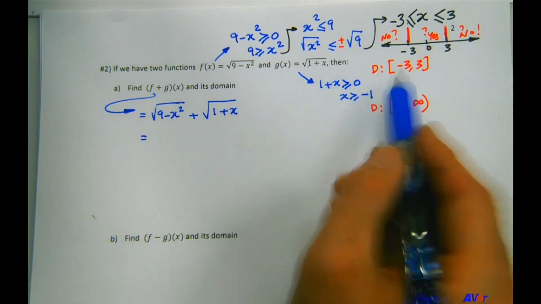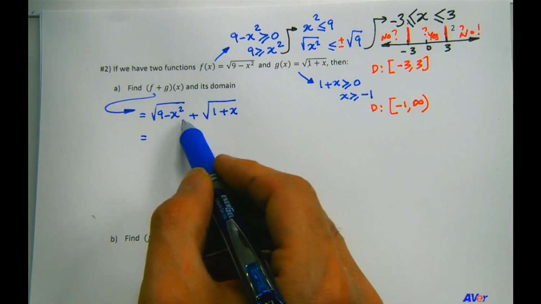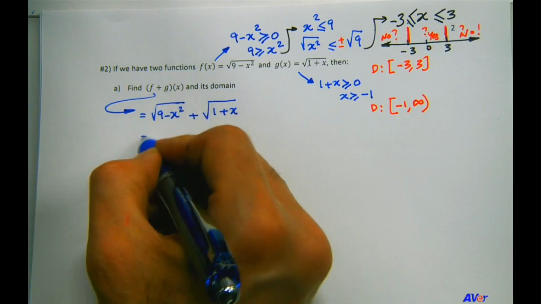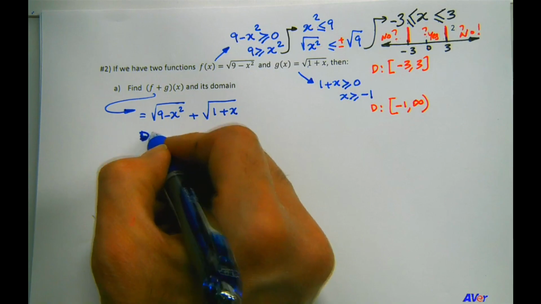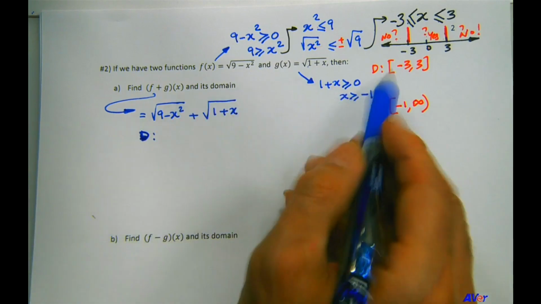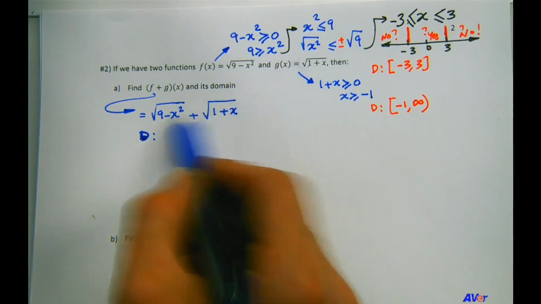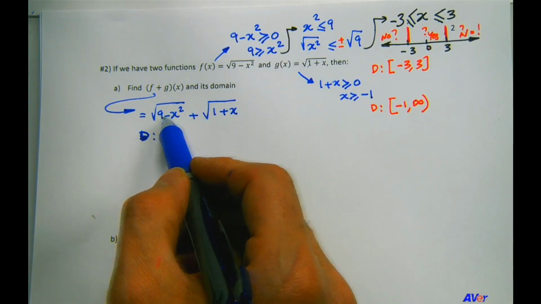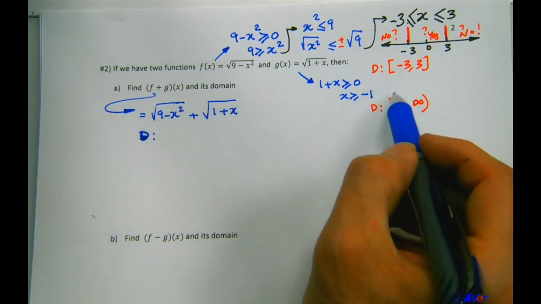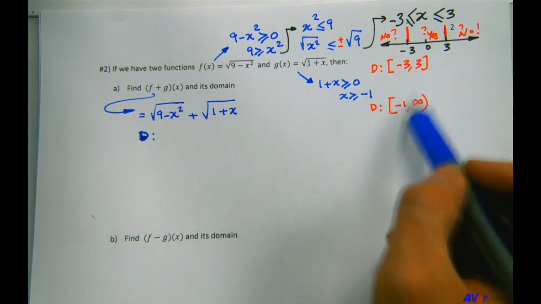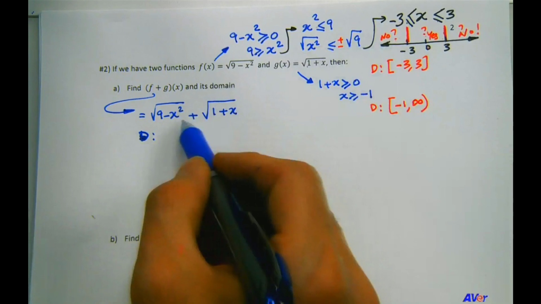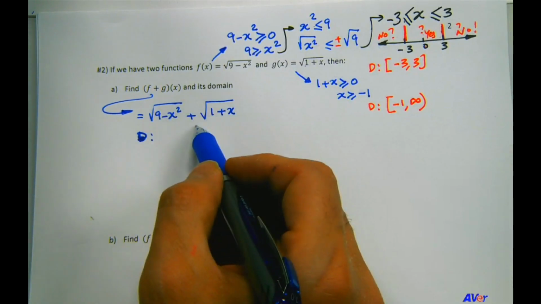That means the domain of this function is directly connected to the domains of these parent functions, which means wherever these two domains intersect is the domain of the combined function.